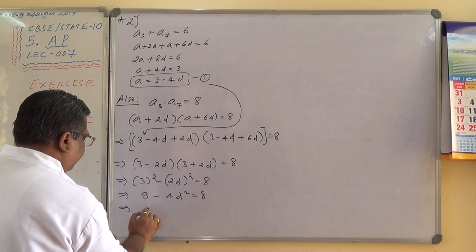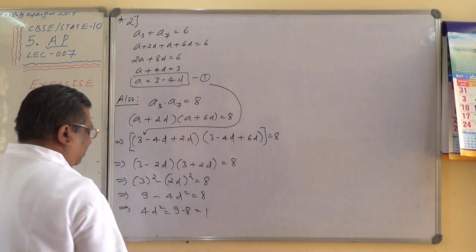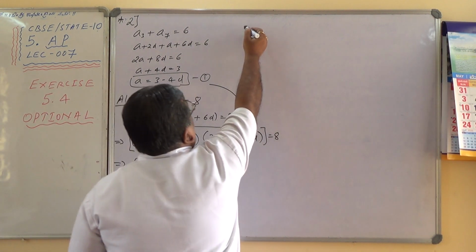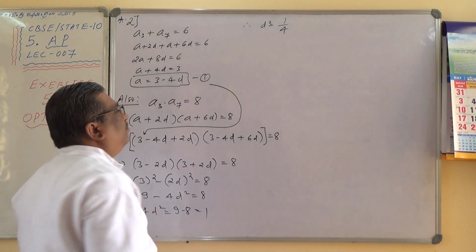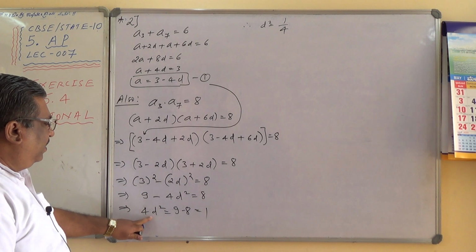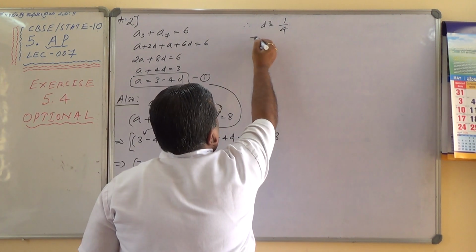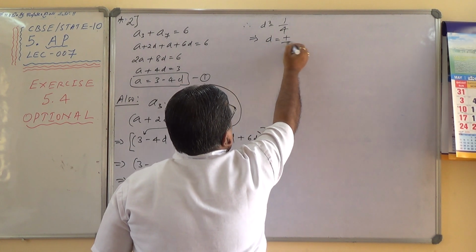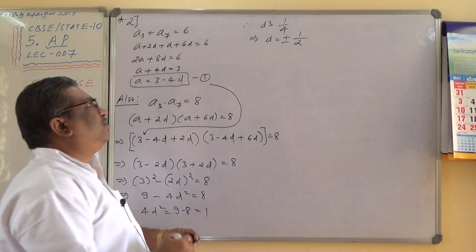4D square that side, 9 minus 8, which is 1. And therefore 4D square equals 1, D square equals 1 by 4. Implies D equals plus or minus 1 by 2, plus or minus under root of 1 by 4.